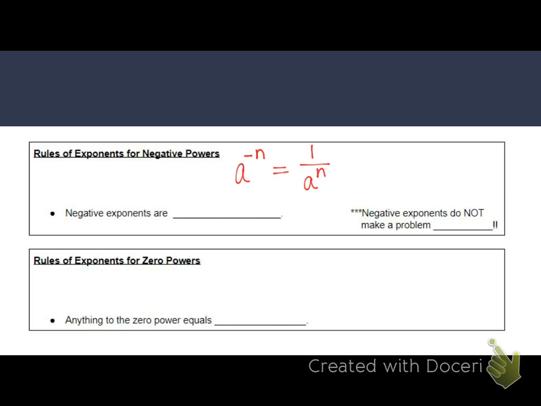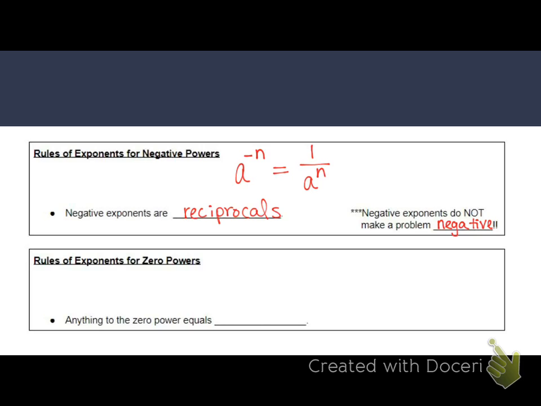So negative exponents are reciprocals, which means we'll have fractions involved on a lot of these problems. Negative exponents do not make a problem negative. It doesn't mean that the number or the variable itself is negative. The a here is never a negative in this case. Only the exponent was a negative. We'll talk more about that when we get to our examples.